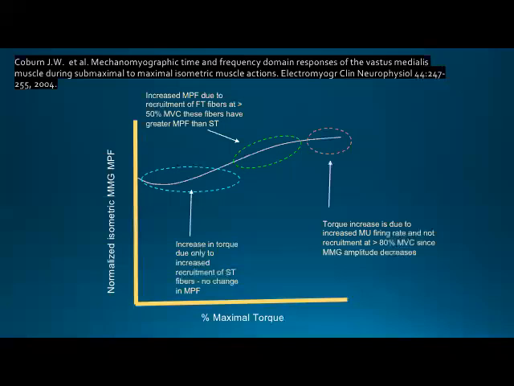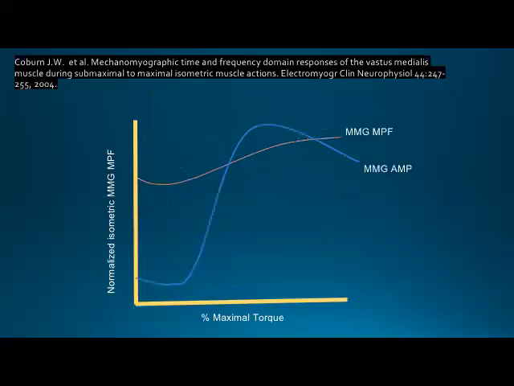In mean power frequency, the units are in hertz, so cycles per second. So if we overlay our two signals or two components of our MMG signal, this is what we get. So we have our MMG amplitude and our MMG mean power frequency.